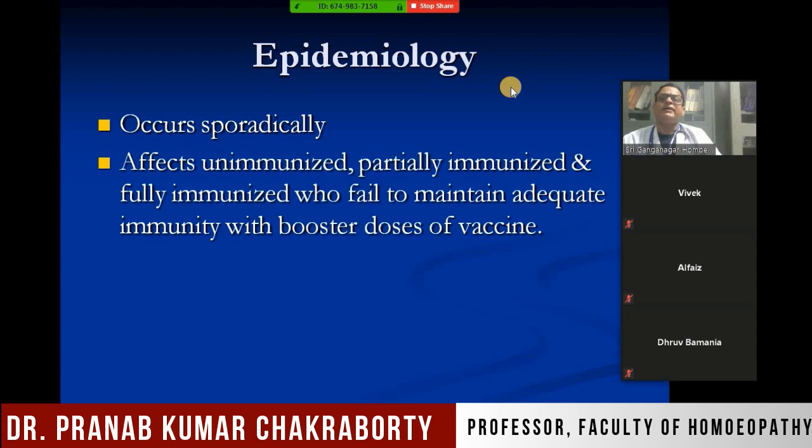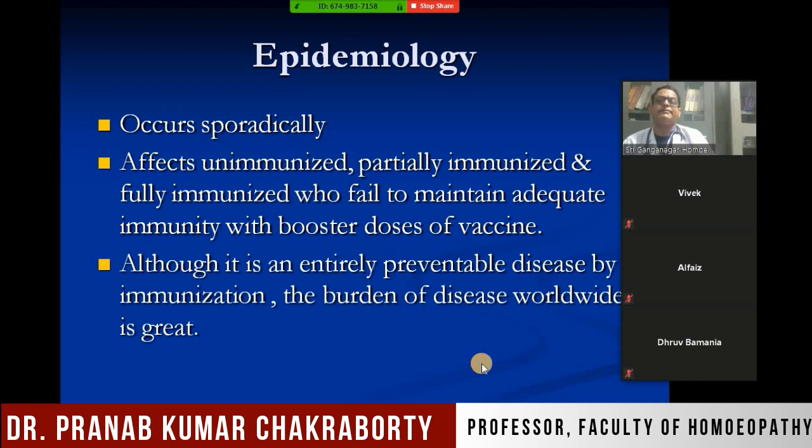It occurs sporadically, and it affects unimmunized, partially immunized and even fully immunized persons who fail to maintain adequate immunity with booster doses of vaccines. Many persons are already immunized, but they can still develop it. The chance of development is less, but it is still found.